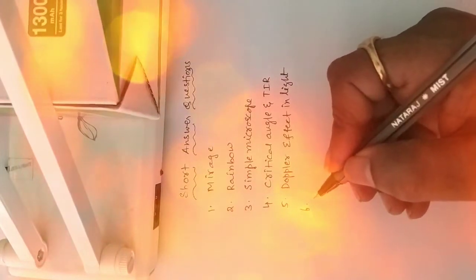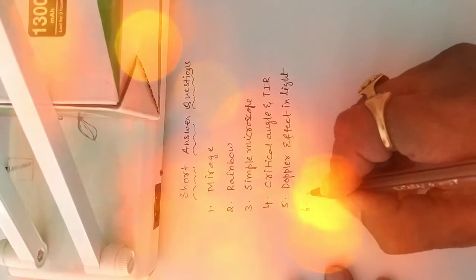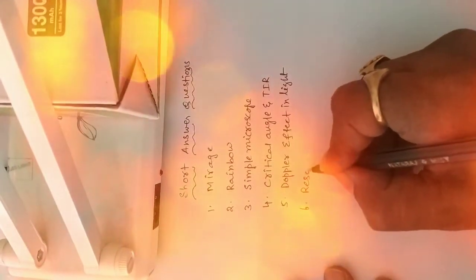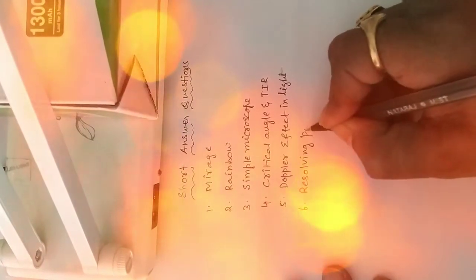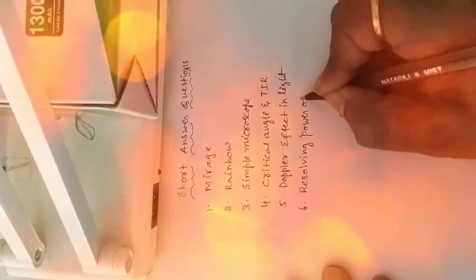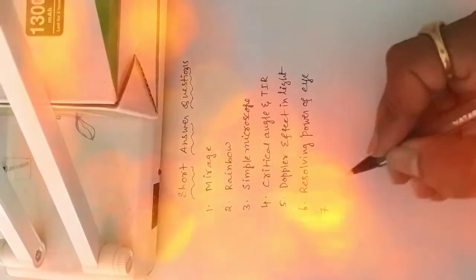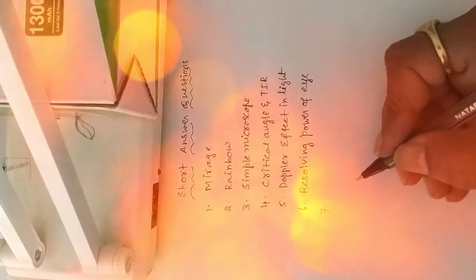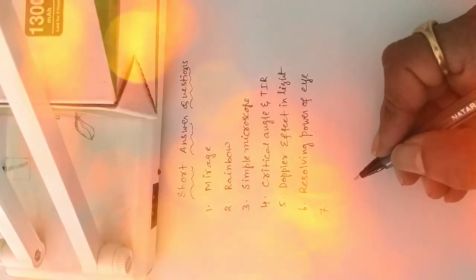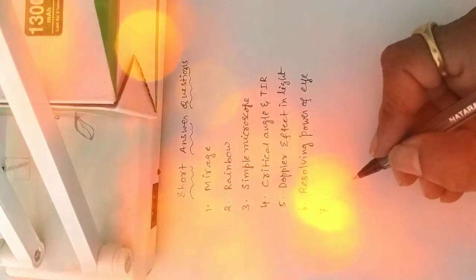Sixth one, how do you determine the resolving power of the eye? This is also very important. Next, seventh question: does the principle of conservation of energy hold good for interference and diffraction phenomena?